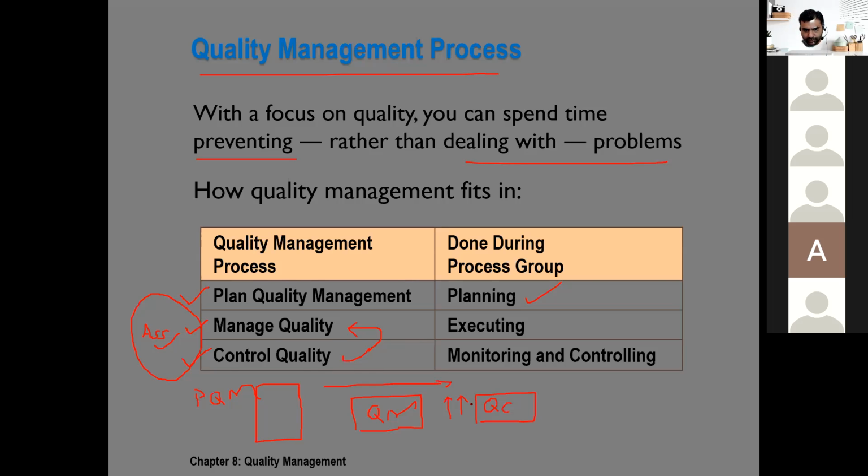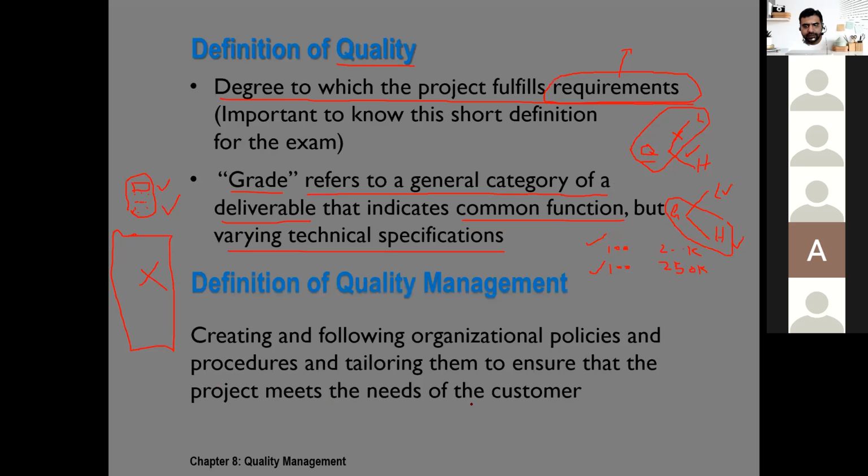Okay, so we can move further and we are going to define our quality management. We already defined quality, we already defined grade. Now we are going to define quality management. Quality management is basically done most of the time on the organization level.